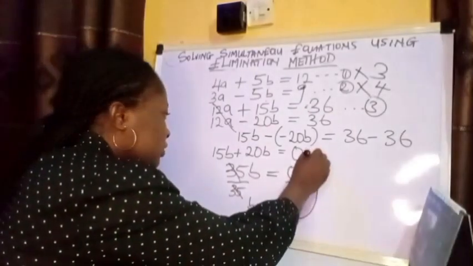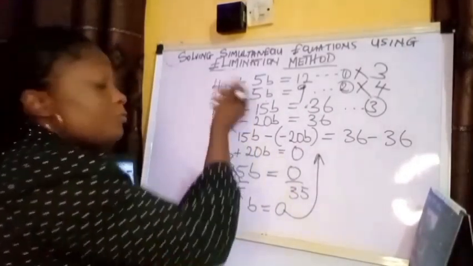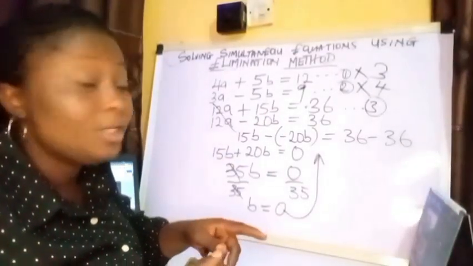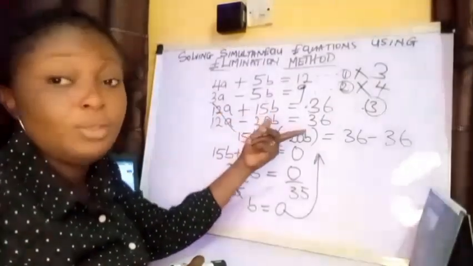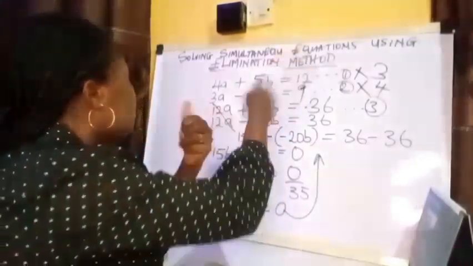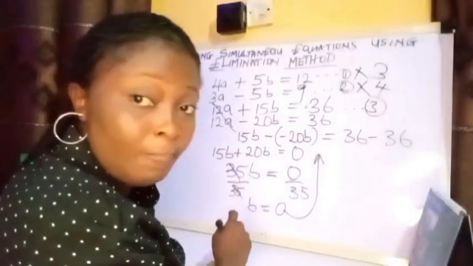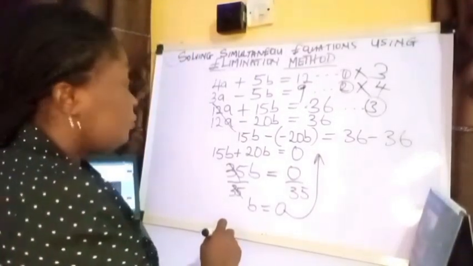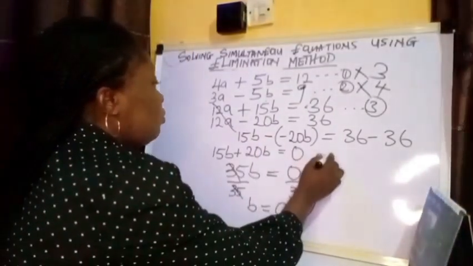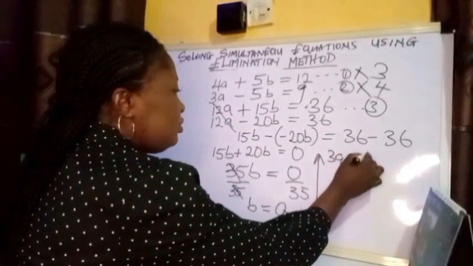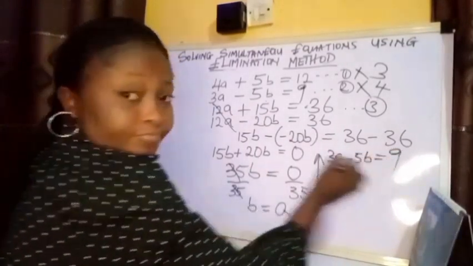Now, to find A, we'll substitute B equal to 0 in any of the equations. That is, in any of the equations, whenever we see B, we'll remove it and put 0. So let's use equation 2 since we used equation 1 in the previous example. So we'll have 3A minus 5B is equal to 9.